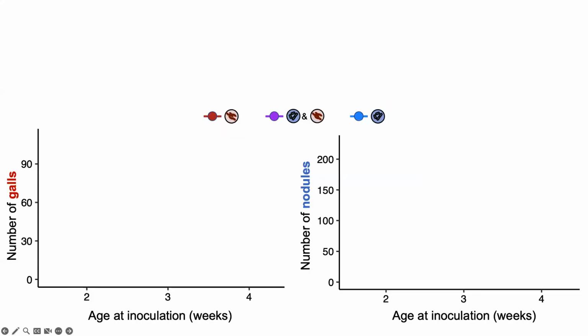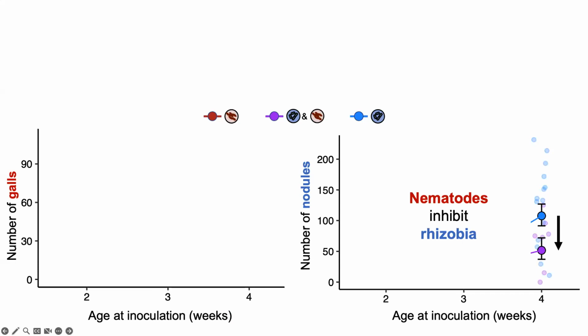And so I'm going to show you these data like this. I have my proxy for parasite infection, number of galls, on the left, my proxy for mutualism, for symbiosis, number of nodules, on the right, and then I have host age, the age that this host encountered this critter, on the x-axis.